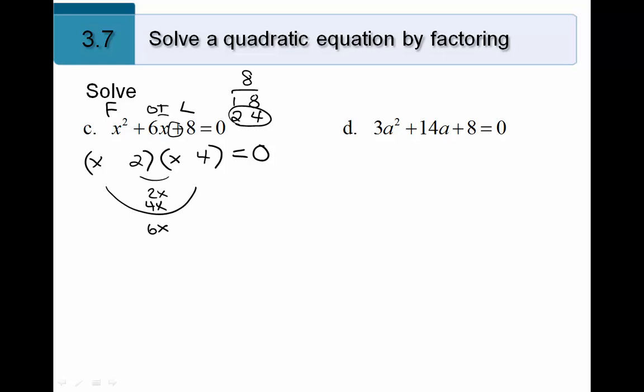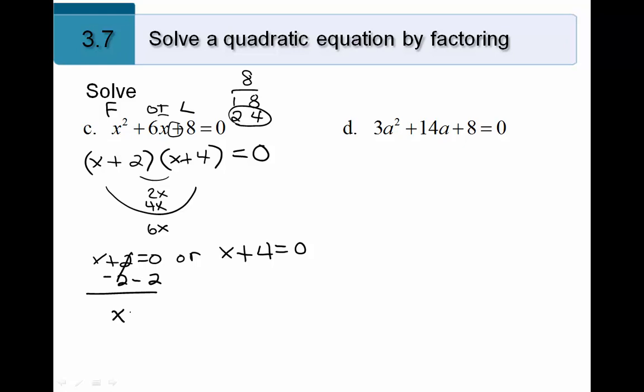My signs need to be the same. In this case, they're both going to be positive. So we know that x plus 2 multiplied by x plus 4 is equal to 0. So using the zero product property, that means that either x plus 2 is equal to 0 or x plus 4 is equal to 0. If x plus 2 is equal to 0, to solve for x, I will subtract 2 from both sides.